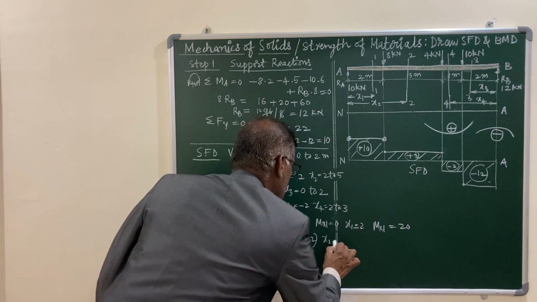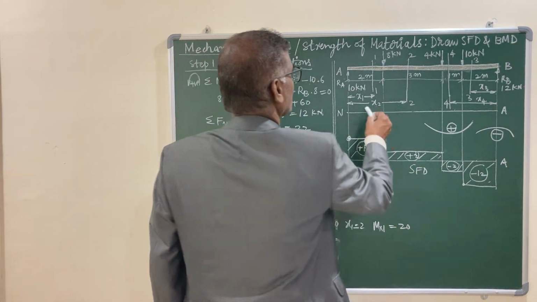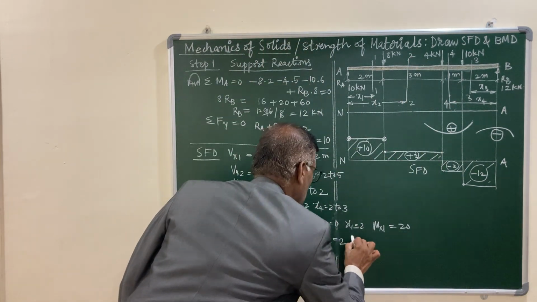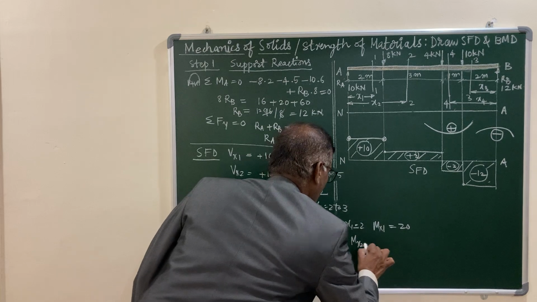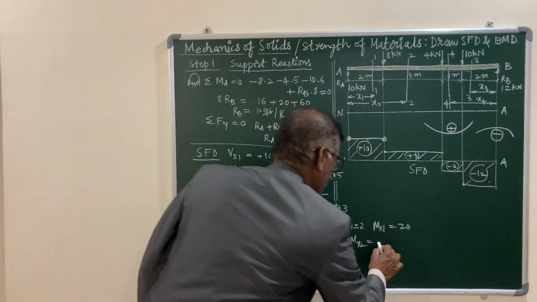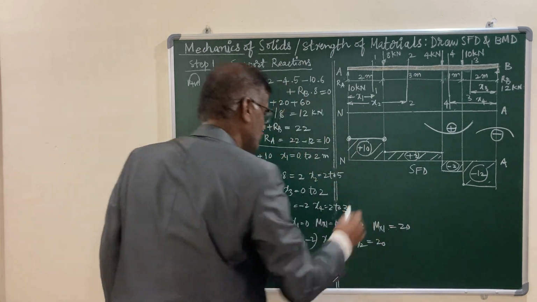Let us look at this. x2 is valid between 2 to 5. When x2 is 2, if you substitute 2, this becomes 0 and it is 20. So it's a checkpoint. You can check that Mx1 is 20 and this is also 20.